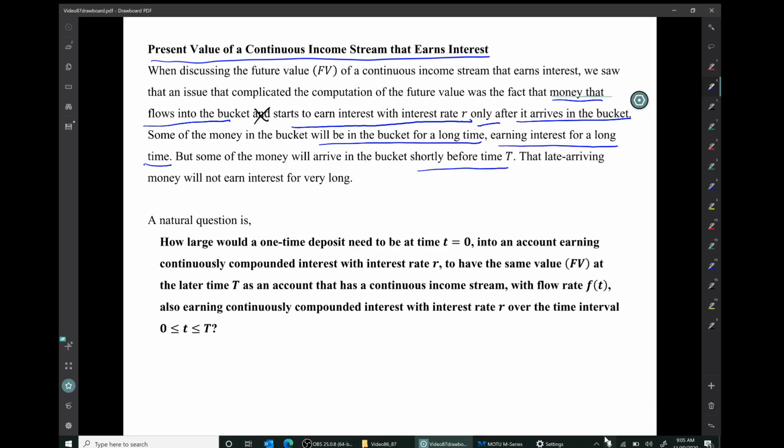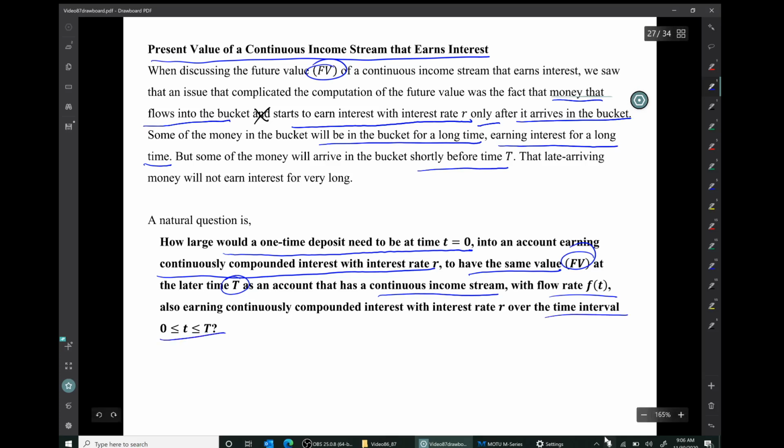A natural question is this: how large would a one-time deposit need to be at time 0 into an account earning continuously compounded interest with interest rate R to have the same value, capital FV, at that later time, capital T, the same value as an account that has continuous income stream with flow rate, little f of t, that earns interest with interest rate R over this time interval from 0 to T? That's a mouthful. It might be better to just say all that again with a picture.